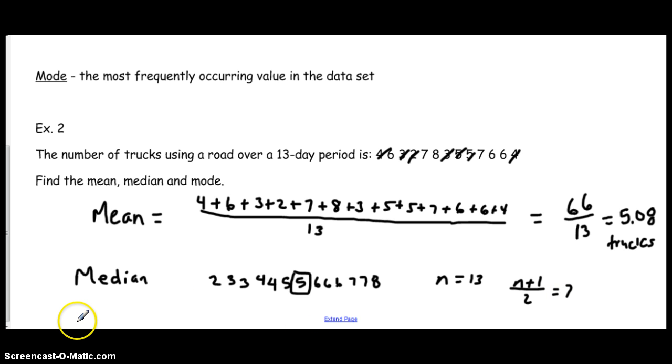For the mode, we're just determining what is the most frequent number. So obviously from looking just at the data set in order, you can see that the mode would be 6.